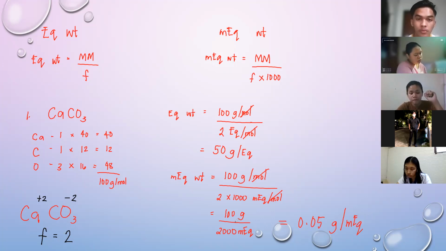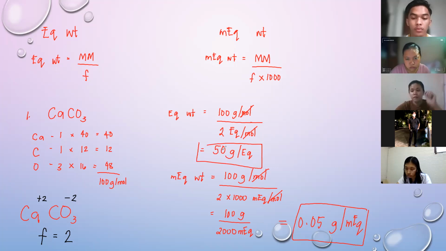Again, huwag magre-reciprocal kung wala kang per dyan sa baba. Meron yan dyan per like this one. Kung hindi natin ito kinancel, merong per sa baba, yun lang yung only time na babaliktarin mo yung unit. Pero pag wala, as easy yan siya. Grams per milli equivalent. So this is how you compute for the equivalent and the milli-equivalent weight.